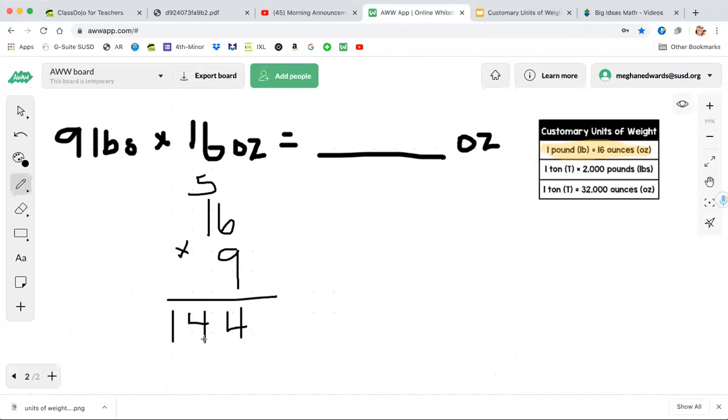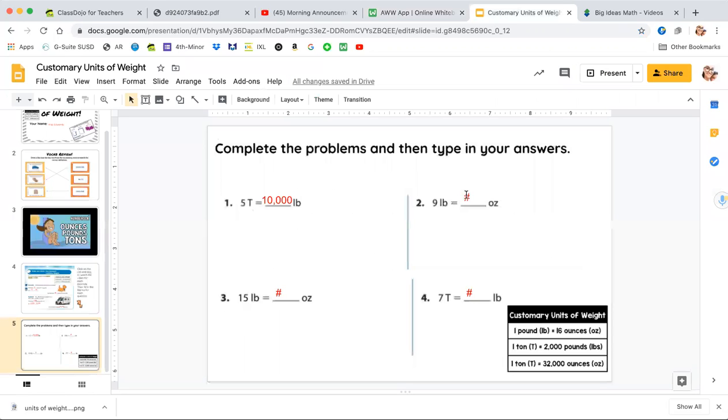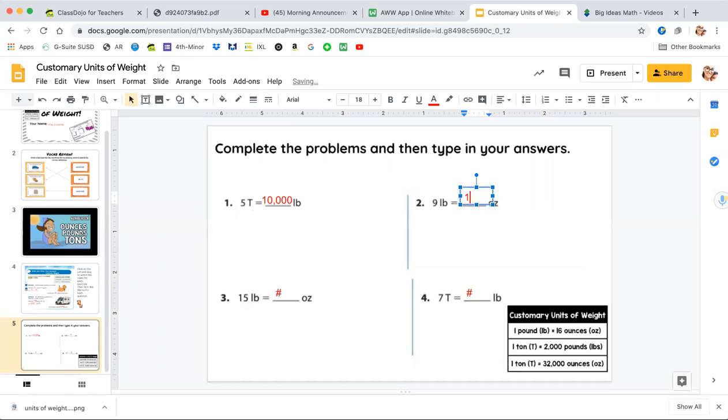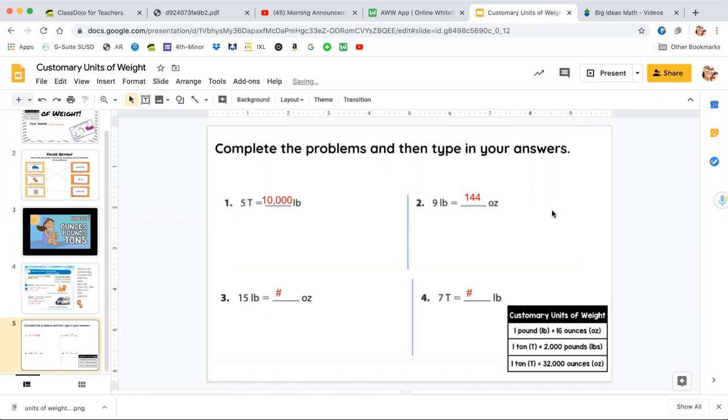So we get 144 ounces. So 144 ounces are the amount of ounces in 9 pounds. So we go back to our assignment, click in our little box, 144 ounces is the answer to number 2.